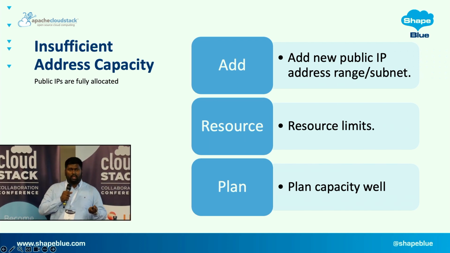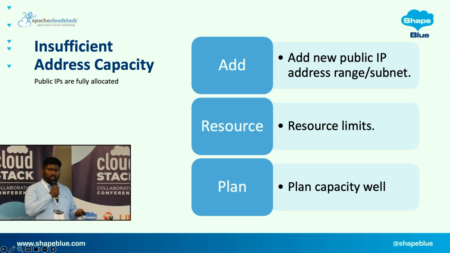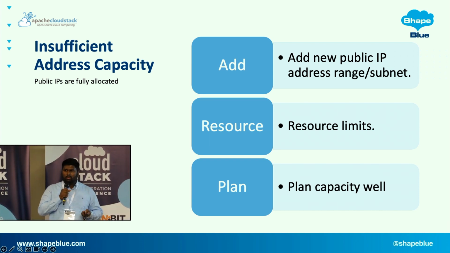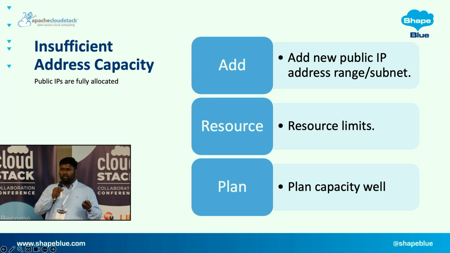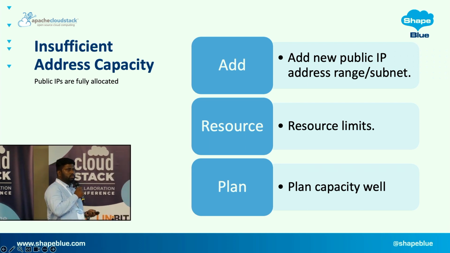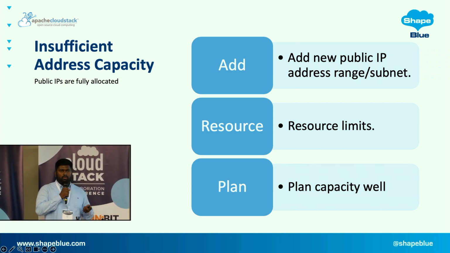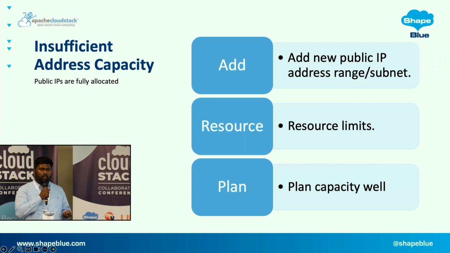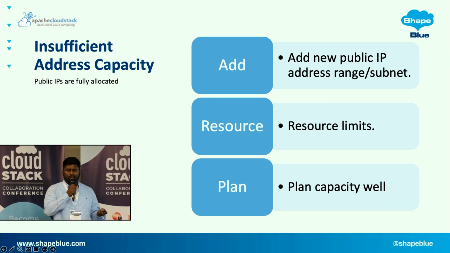And public IP address, as a resource, you could set a resource limit on as well, so you could avoid hitting this issue. Like any other resource, you could plan your capacity well. If you know your resource utilization, you could add sufficient IP ranges to avoid hitting this issue that frequently.